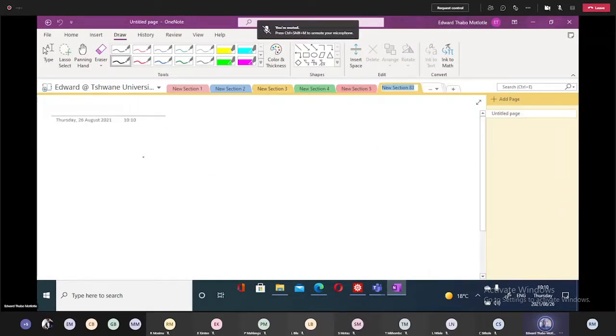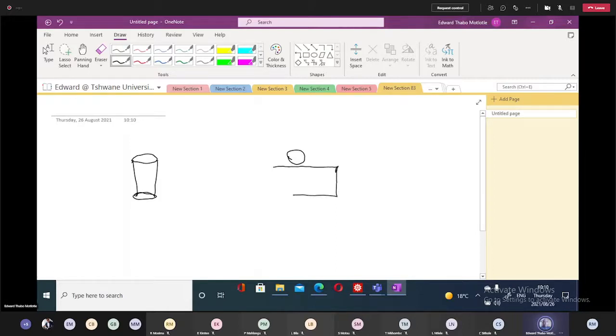Now let's start with the can. Let's say this is the can. It will be in the form of a cylinder. This is my rough sketch. So we have 2 circles.